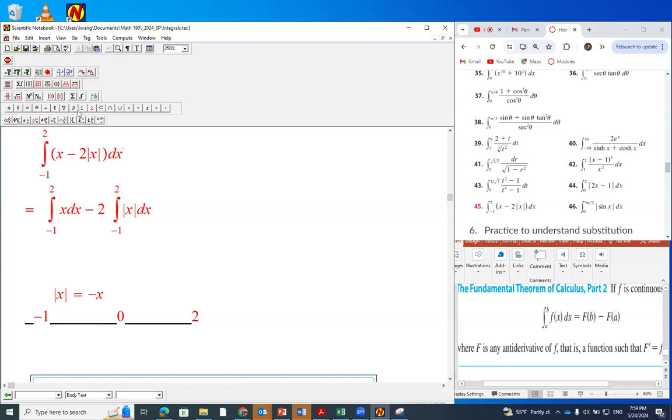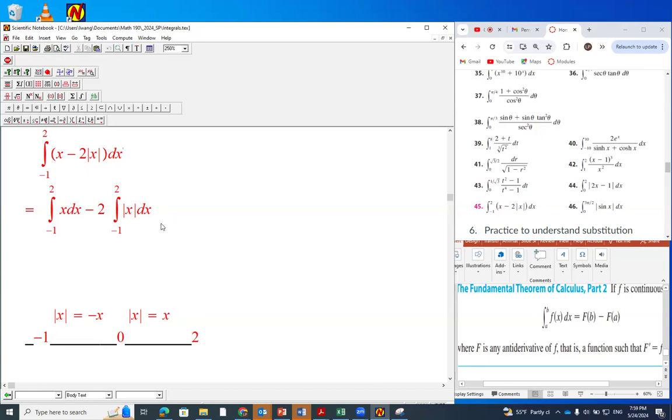On this other interval, the absolute value of x is the same as x. The absolute value of a negative number is its opposite, and for a positive number or 0 it is the same. So we apply that property.